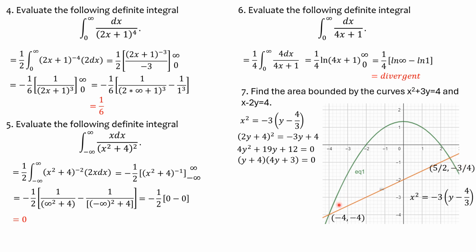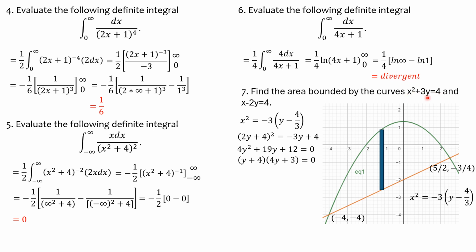Having found this, let's take a vertical strip. Then the area of this region bounded by the curves and these points of intersection would be the integral of upper y minus lower y times thickness dx. The upper y is the y of this parabola. If we solve for y from this parabola, it is equal to (4 minus x squared) all over 3.